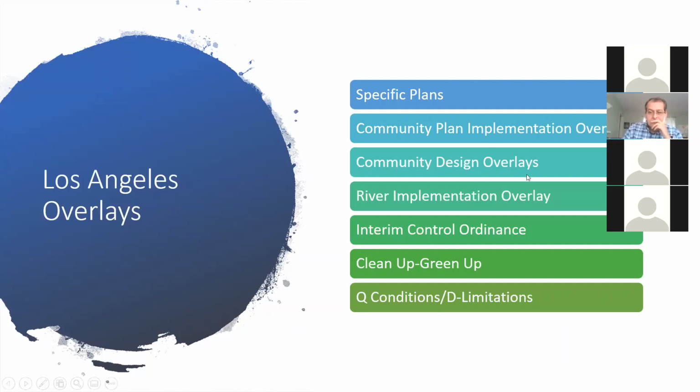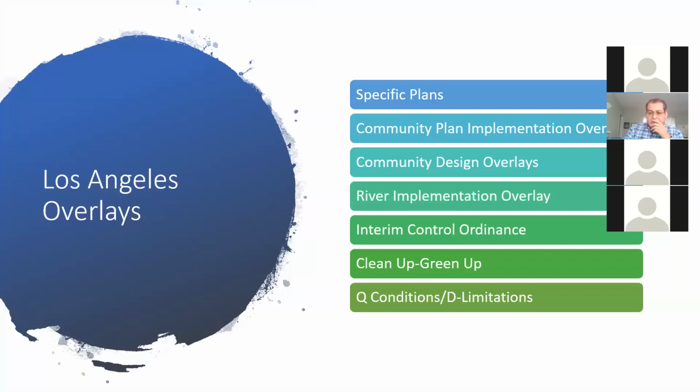Community design overlay, we touched on in the last one, but essentially CDOs are used to foster a distinctive character in a district. So that'll usually include standards for architectural features on buildings, or create new standards for a building's relationship to the right of way, or help foster a sense of place in a particular neighborhood that has a distinctive character.